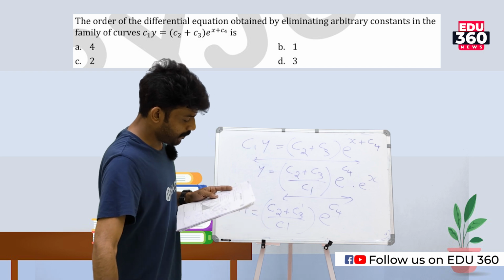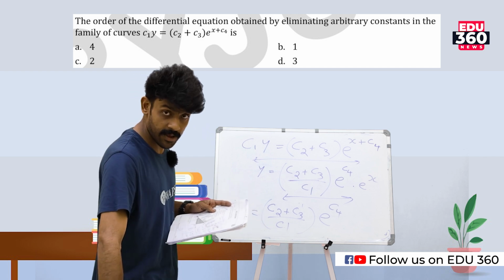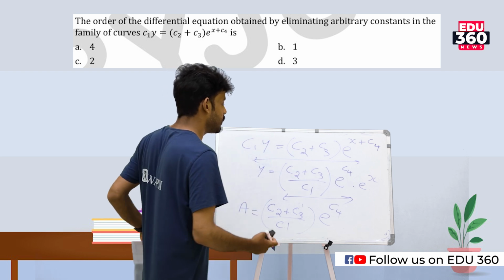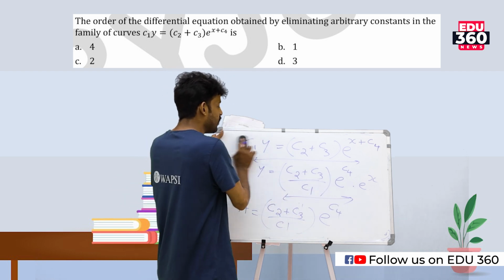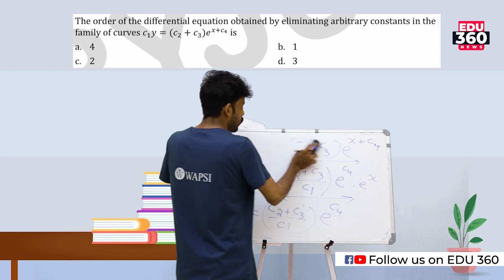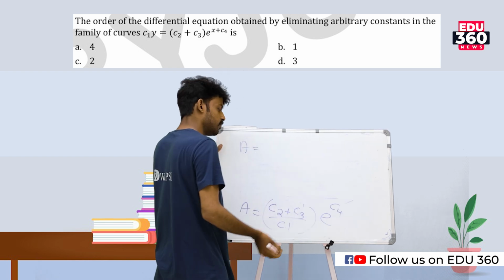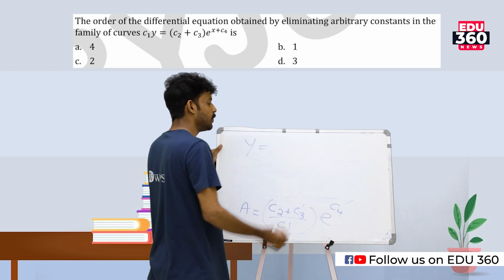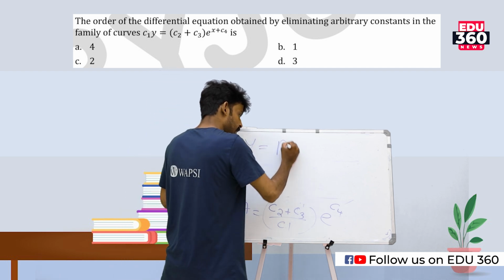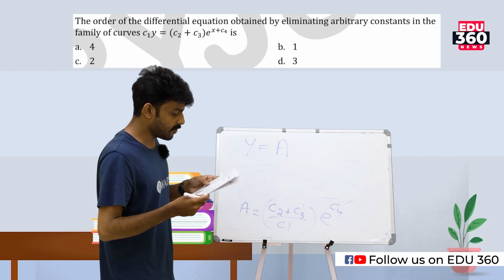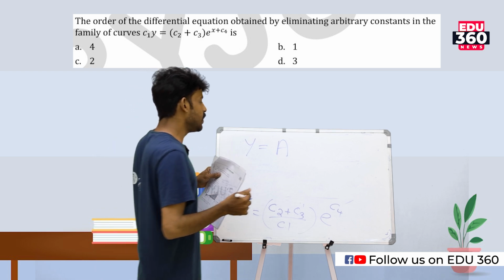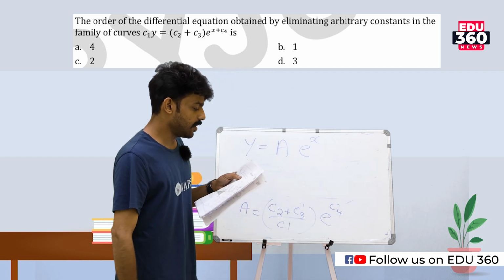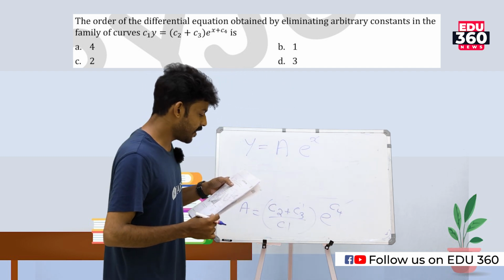Yes, (C2 plus C3) divided by C1 into e raised to C4. So hereafter, for this one, we can substitute a. So y is equal to a into e raised to x.